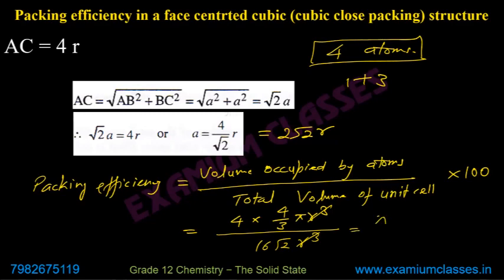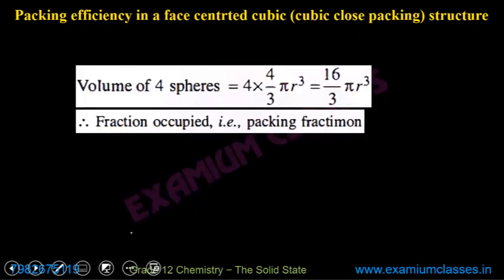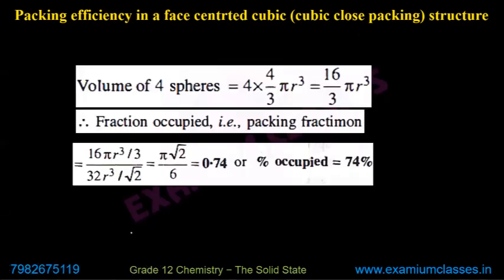So it will be just pi by 3 root 2 into 100. When you solve it, you will actually get 74%. Whether you write pi root 2 by 6 or pi by 3 root 2, it is the same thing.